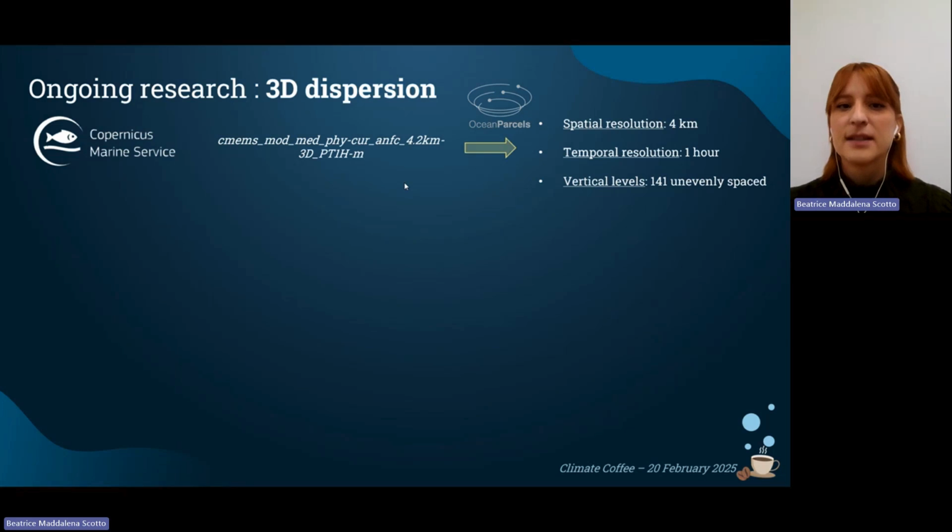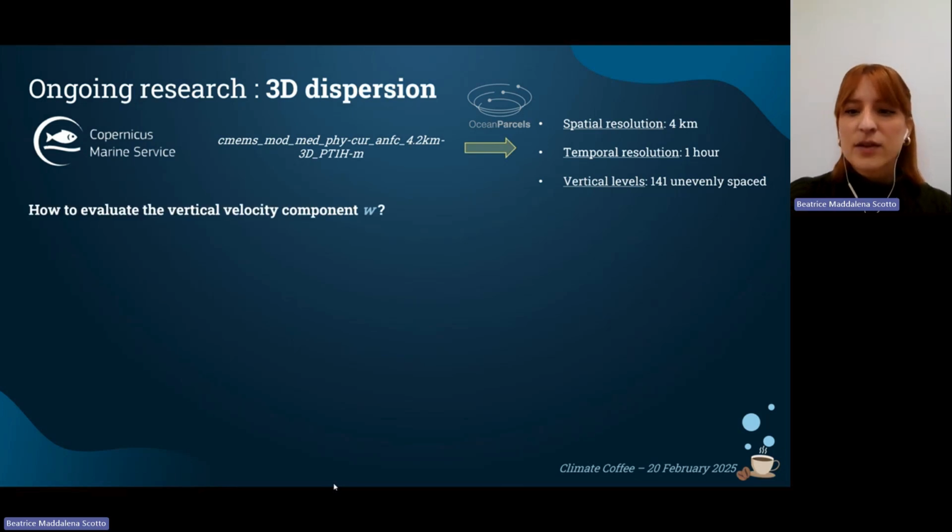But in OceanParcels, to perform the simulation, you also need the value of W, which is the vertical velocity. And in this case, we didn't have the exact value of W from the model, so we needed to estimate the vertical velocity.